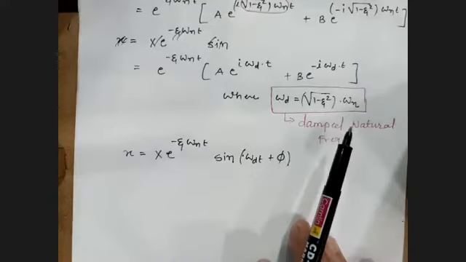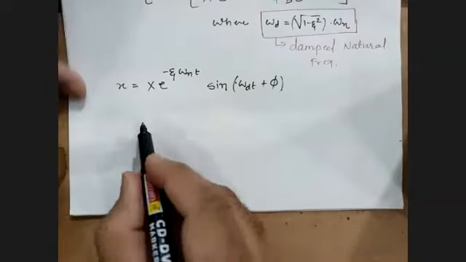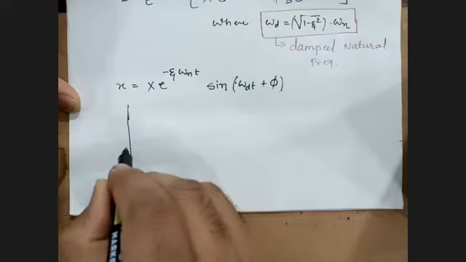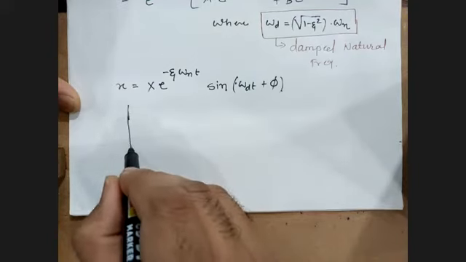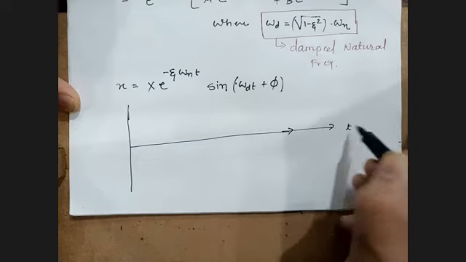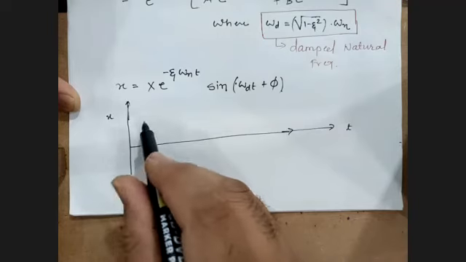Okay. So the response of the system, if you draw the response, is just like this. This is the time direction. This is the direction of x, right? So what should be the response?